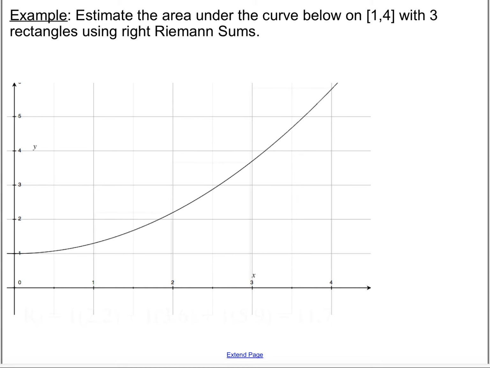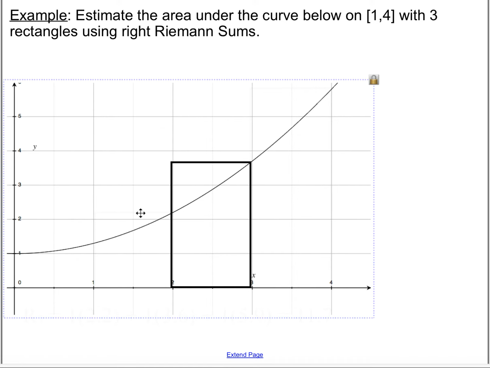And lastly, we have a right Riemann sum. Still going from 1 to 4, still using 3 rectangles. Now my right sides are going to be 2, 3, and 4. So I draw a rectangle for the right side going from 1 to 2.